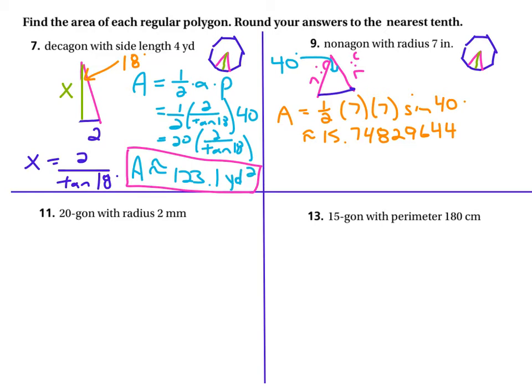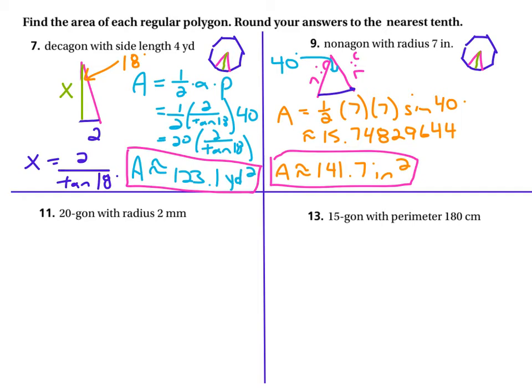Because I need to multiply it first. There's 9 of those little triangles in the large polygon. So if I take that number and multiply by 9, I get the larger area of the entire nonagon, which is approximately 141.73, so 141.7, and it is inches squared. Good. That's what it has as the answer in the book.